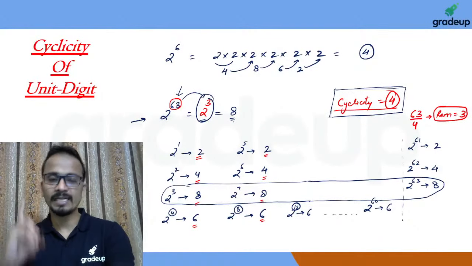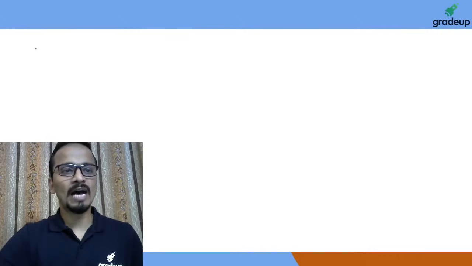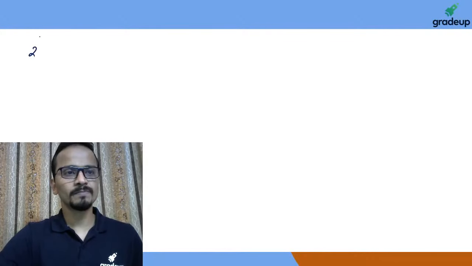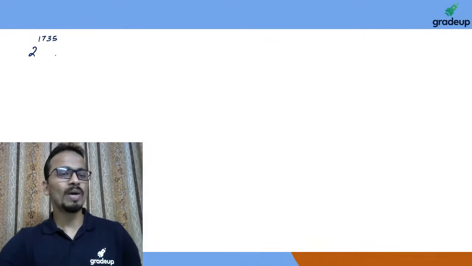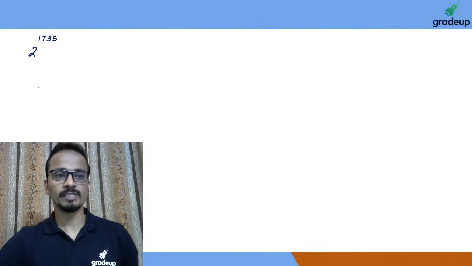All right, I'll take one more example for the same base. So let's say you have 2 raised to the power 1735. Now you have to find the unit digit of this number.